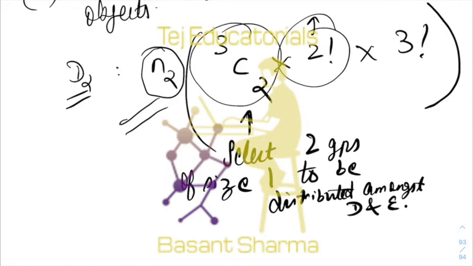Corresponding to each way of grouping, first of all select two groups of size 1, which are to be distributed amongst D and E. Finish off with D and E. Then those selected two groups you can distribute amongst D and E in 2 factorial ways.